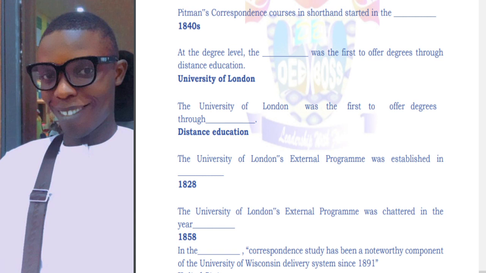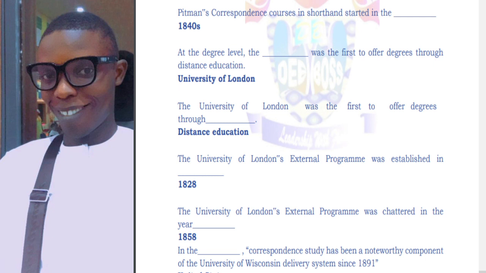So these schools had a normal traditional system working for them. They had students they were teaching and offering degree certificates to. Then, in addition to that, they had this particular distance education program. So when it started, it was not as you see it now. Pitman used it to teach shorthand.